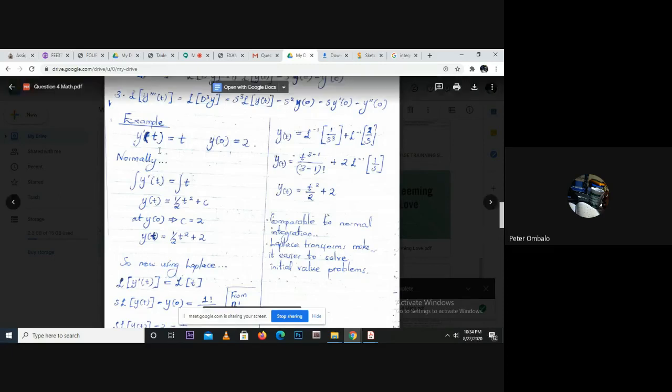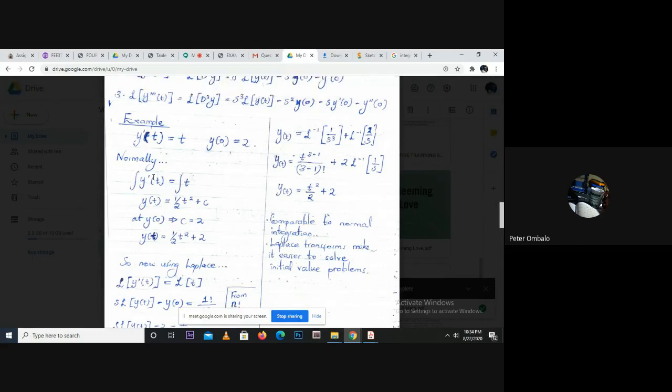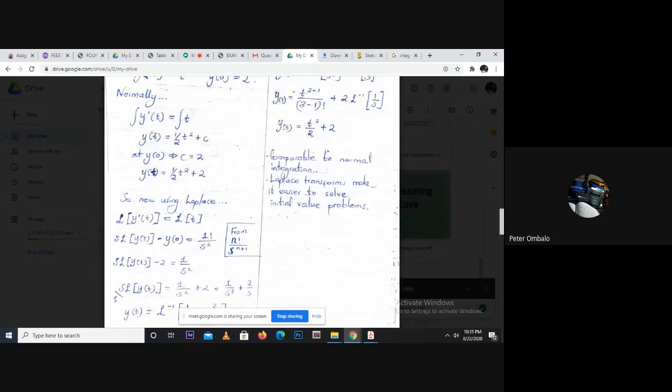Normally, how we would solve this question is by taking the antiderivative of both sides. If you take the antiderivative of the left side, we have y of t, which is what we are looking for. And if you take the antiderivative of the right side, this becomes a half t squared plus c. To get the constant, it is equal to y at 0, because t is 0 and this part goes to 0.